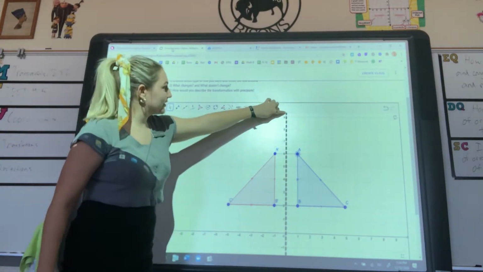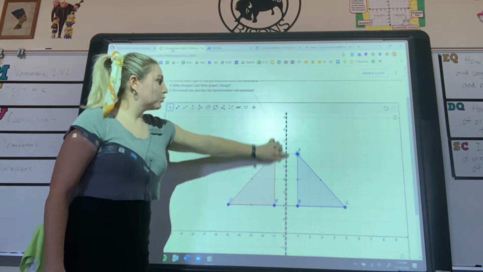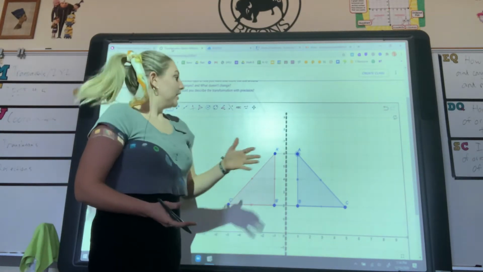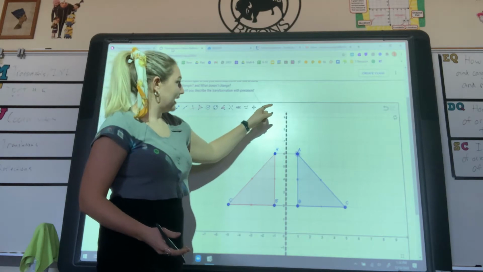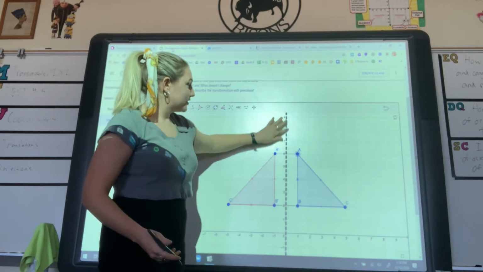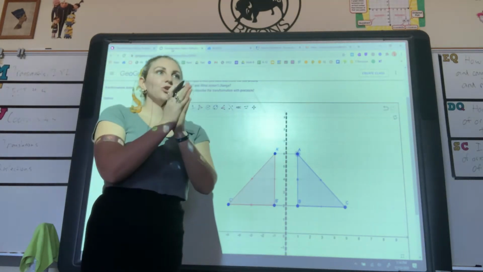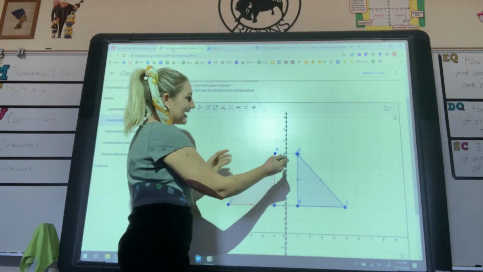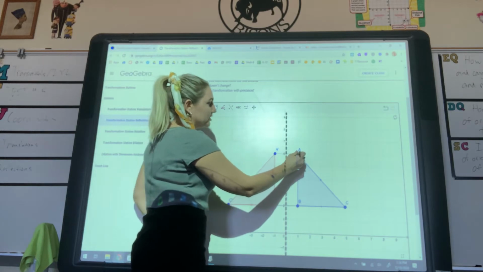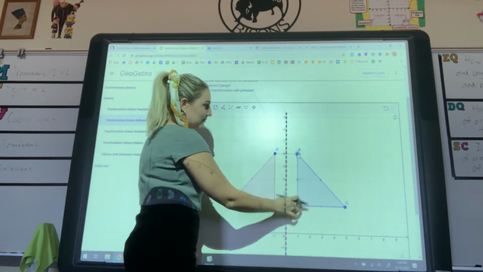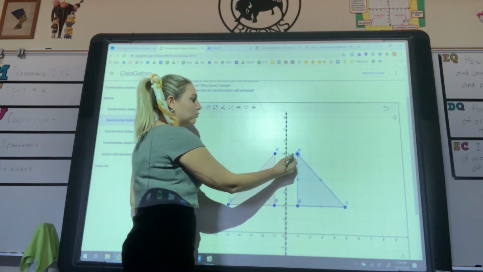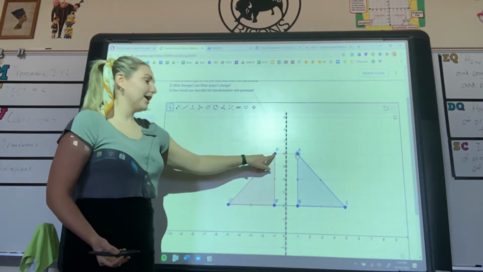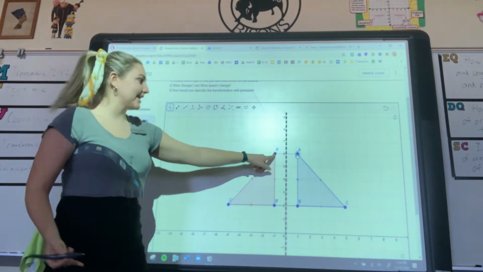This dotted line here is where the shape is being reflected over. Notice that our shapes are reflected over our axes. If I look at this original shape, A is 1 away from the y-axis, and A prime is also 1 away from the y-axis.